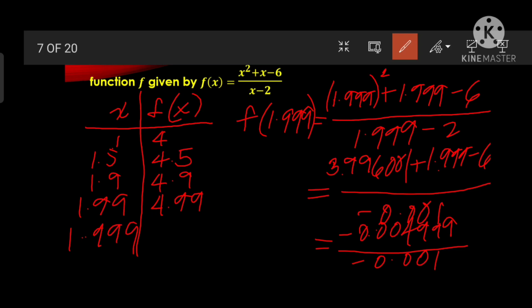So again, since both the numerator and denominator are negative, we can directly cancel this out, and 0.000499 divided by 0.001, let me write the answer directly here. So 4.999.